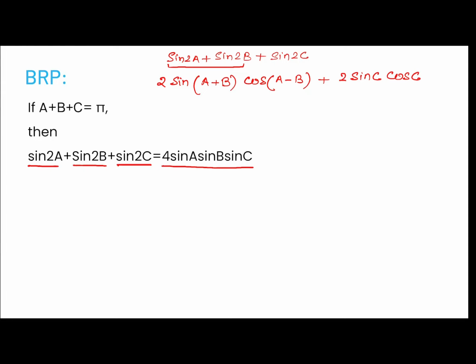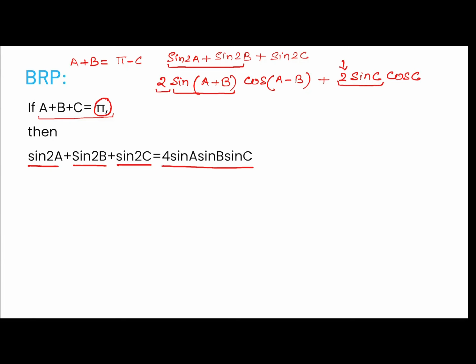Okay, so now by using the fact that A plus B plus C is equal to pi, we can rewrite it as A plus B is equal to pi minus C. So sin of (A plus B) is sin of (pi minus C), as we know that sin of (pi minus C) is simply sin C. So this will become sin of C. We already have sin of C with the 2.